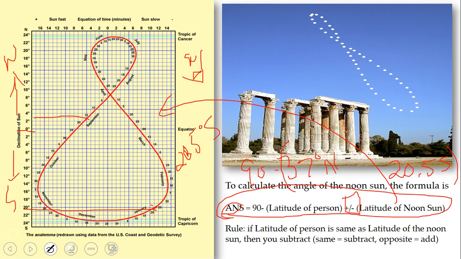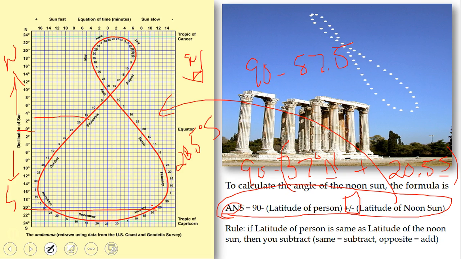An easy way to remember it is if the latitude and the latitude of the noon sun are in the same hemisphere, you subtract. Same, subtract. Well, you notice that here it's north, here it's south, so guess what we do? We add. So now, 90, let's go ahead and do it, minus 37 plus 20.5 is 57.5.